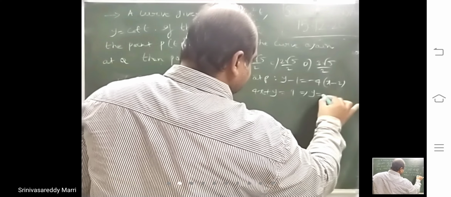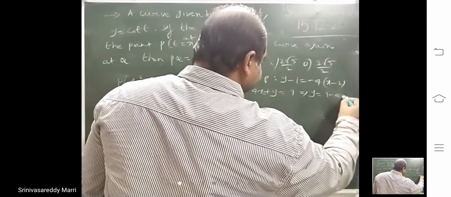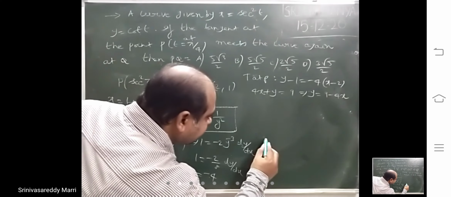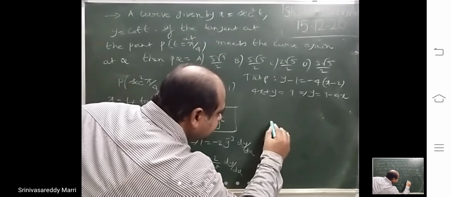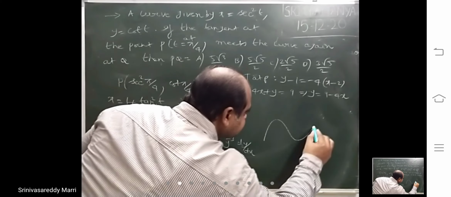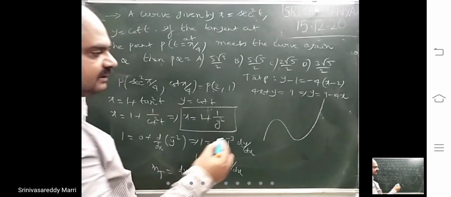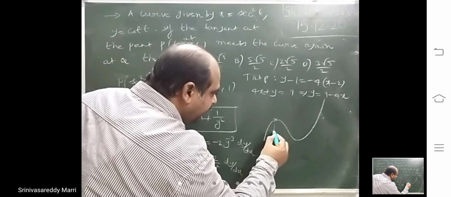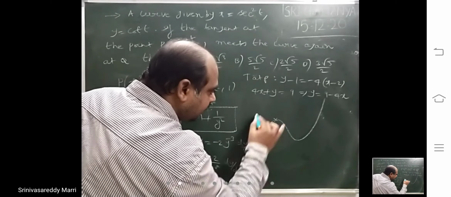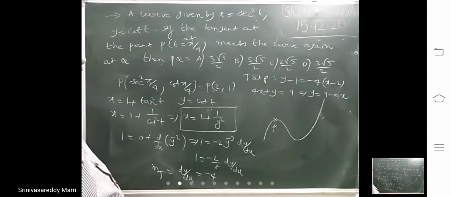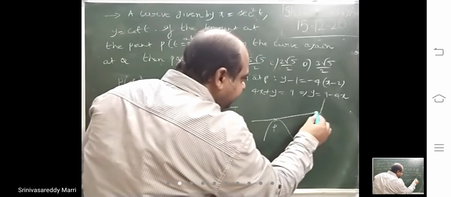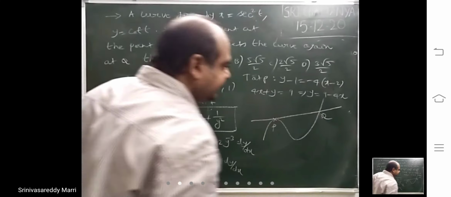That implies y equal to 9 minus 4x. Right? So now understand the meaning of what he is telling. There is a curve like this. Tangent at P, whenever tangent at some point meets the curve at Q, draw the curve like this. So I am drawing the tangent at P. It meets the curve again, if the curve is like this, then it will meet.